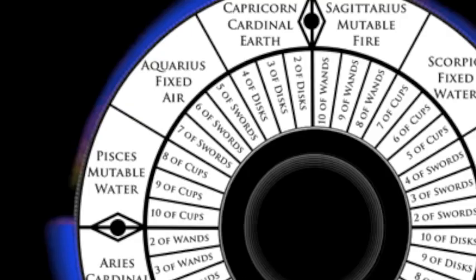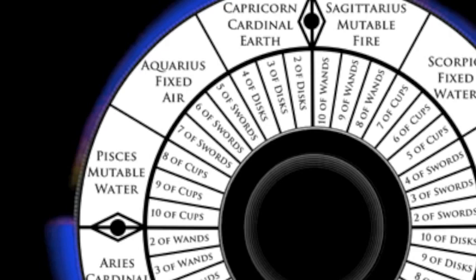Now, as you can see, each season begins with 2 and ends with 10 when you're looking at the decans and the minor arcana. So each season follows this progression of 2, 3, 4, 5, 6, 7, 8, 9, 10 before starting all over again in the next season.